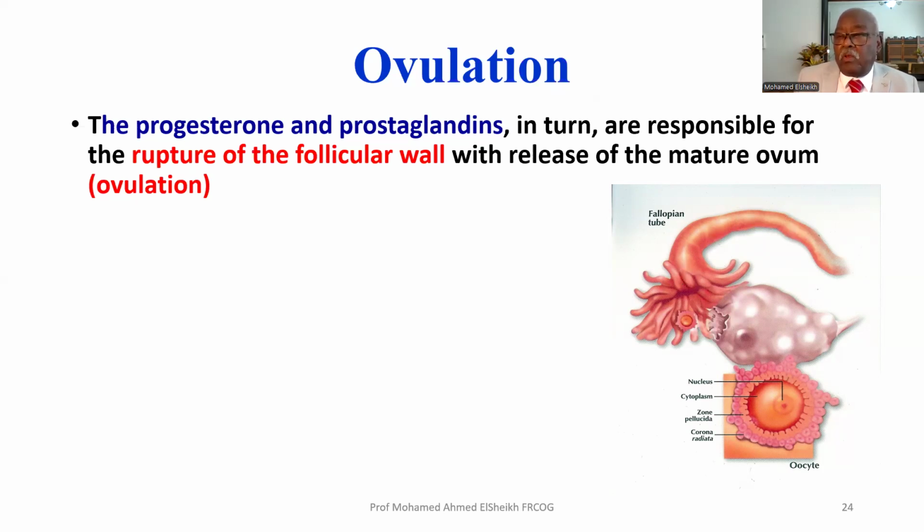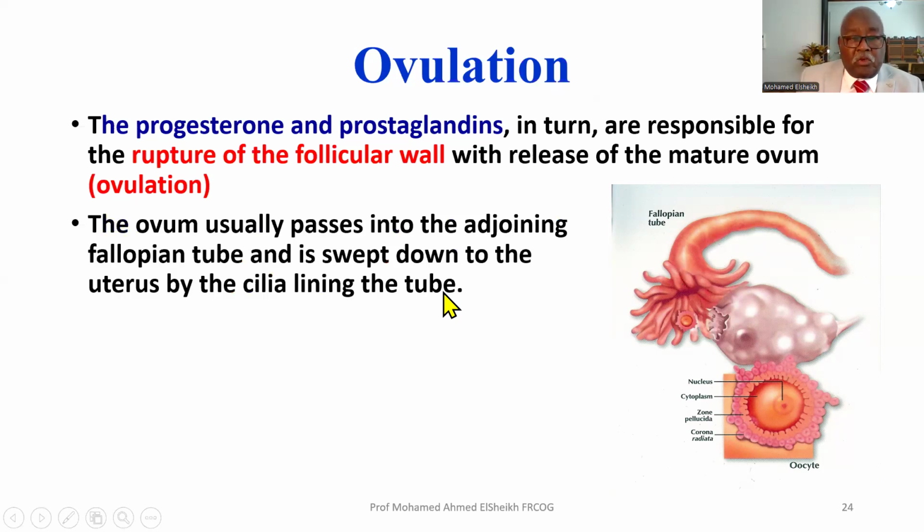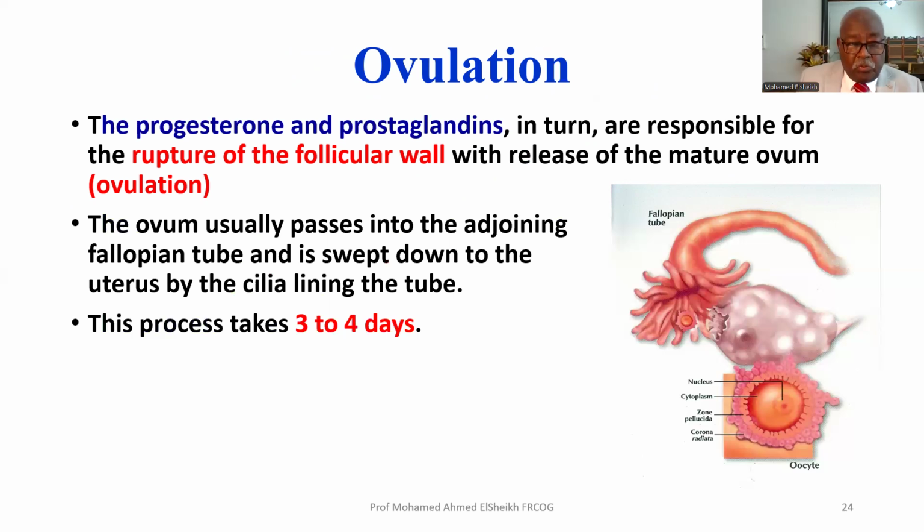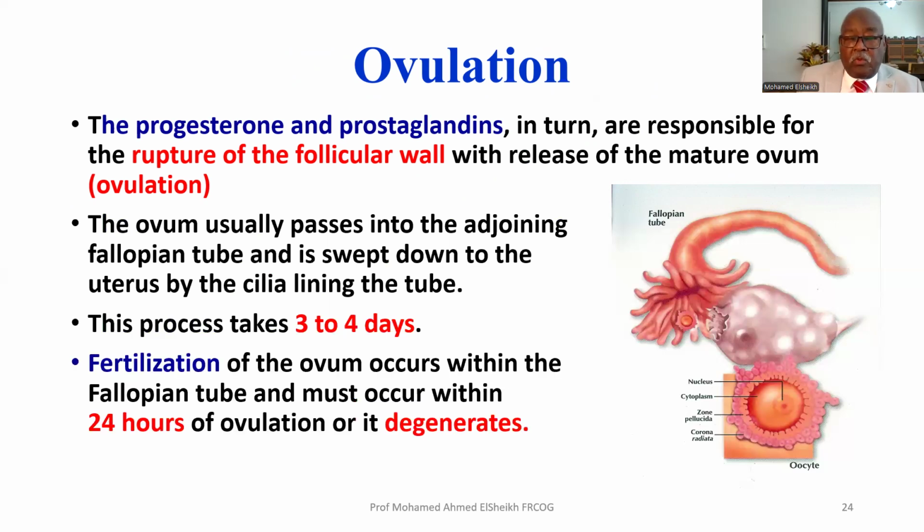It moves the ovum down, and the sperm will meet in the middle in the fallopian tube, and fertilization takes place. The ovum usually passes into the adjoining fallopian tube and is swept down to the uterus by the ciliary lining of the tube. This process takes 3 to 4 days.